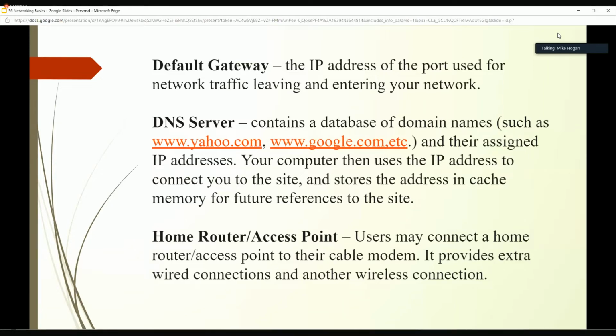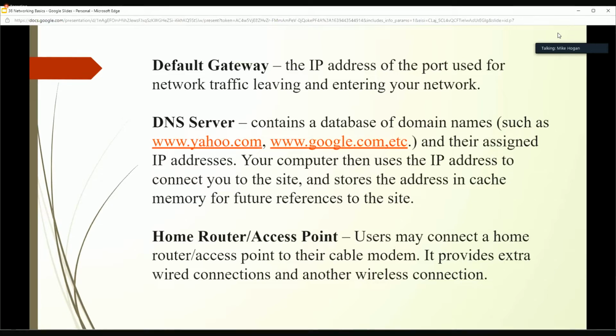A DNS server. When we talked about numbering systems and when we were looking at binary and seeing how difficult it could be to operate with all the ones and zeros, we said that's just not easy to manage when you get to large numbers.